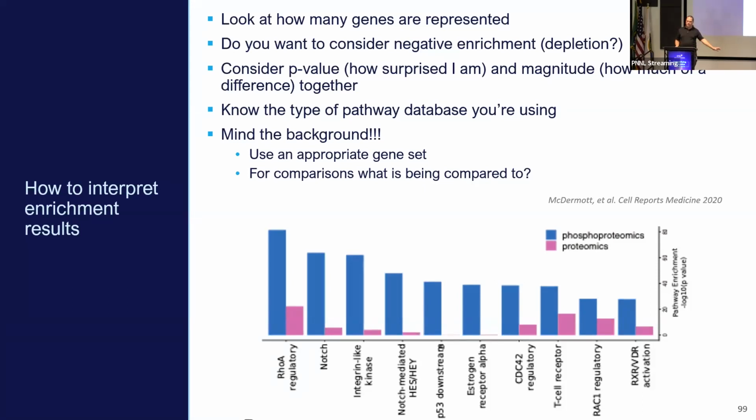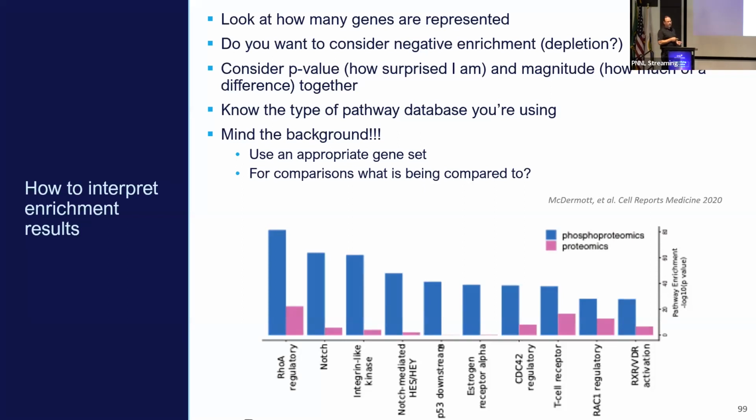You're looking at differentially expressed data and you say, here are all the pathways that are underrepresented. There's some utility in that, but generally I find that most questions you're asking, that's not as interesting as the things that are positively enriched. Consider the p-value, how surprised, and the magnitude of normalized enrichment scores, or some kind of fold enrichment.